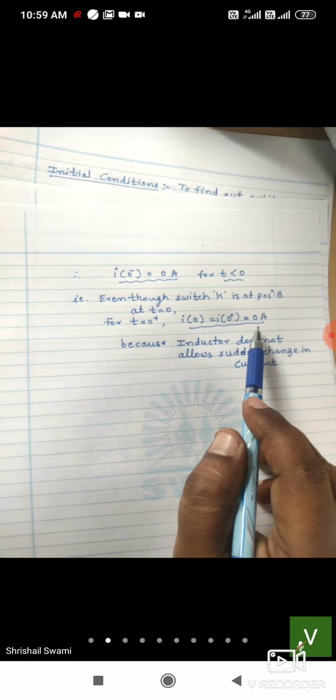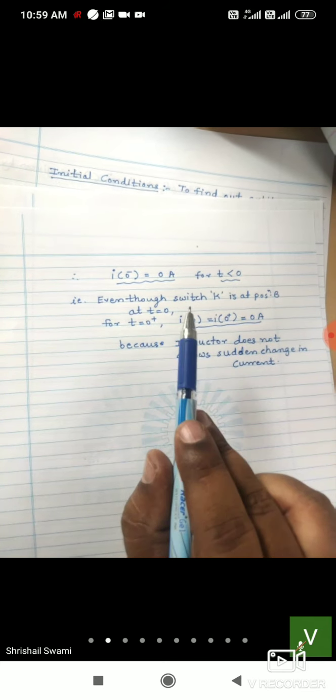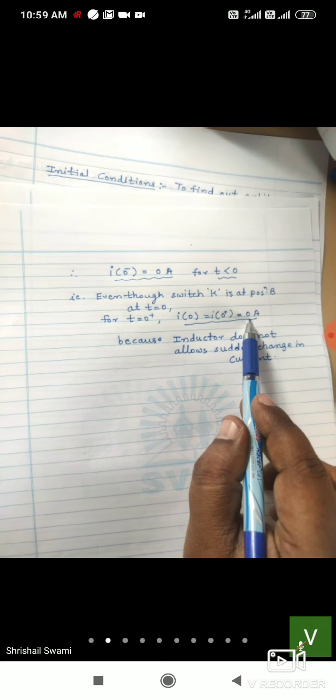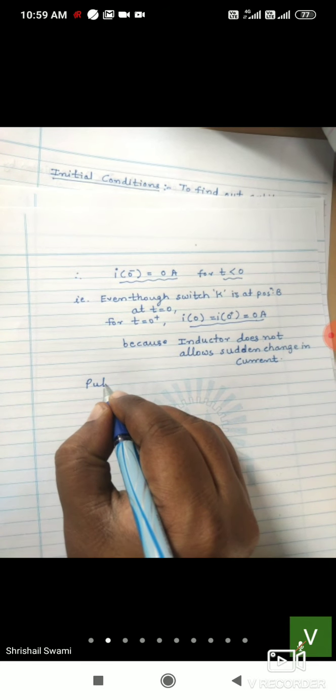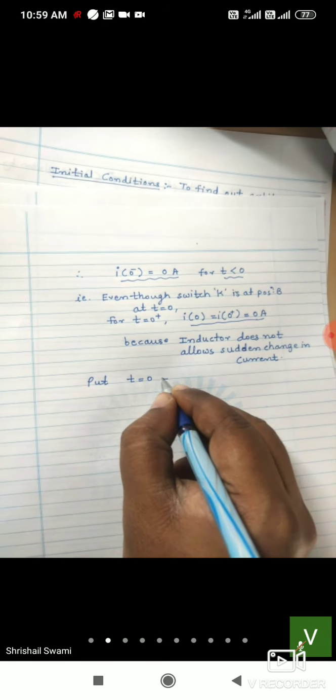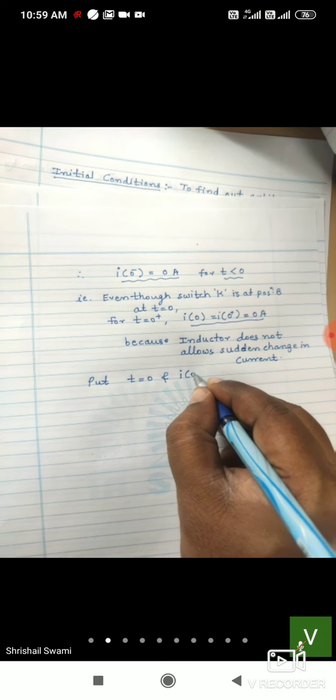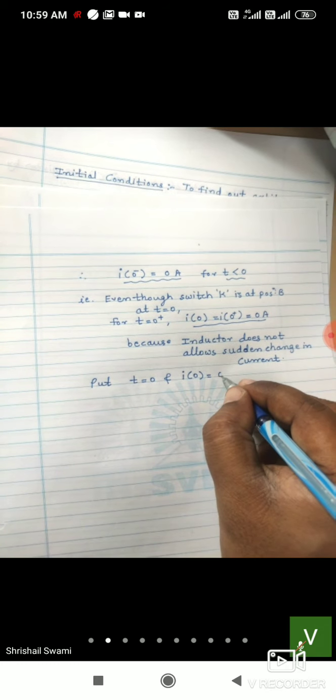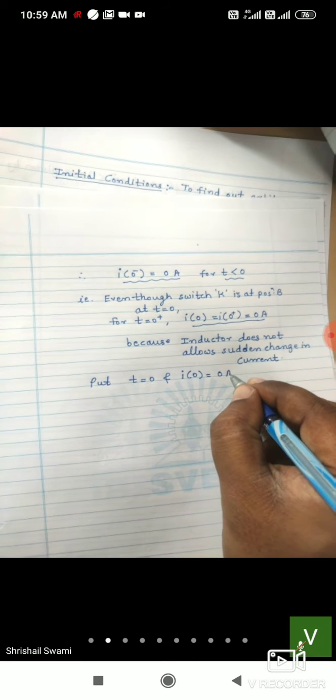Whatever was there previously will continue for a short time. What was the previous current? 0 ampere when the switch was at position A. So when it moves from A to B at t equal to 0 plus, the current in the circuit is the same as previous, 0 ampere. Therefore put t equal to 0 and I of 0 equal to 0 ampere in equation 2.